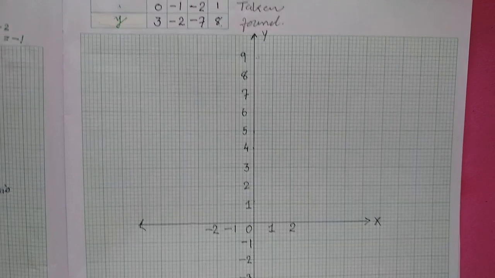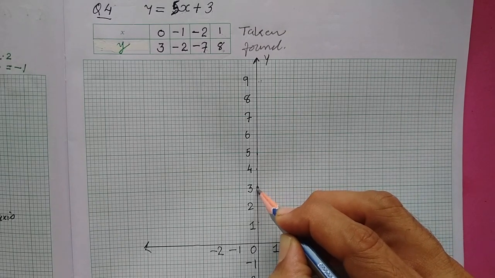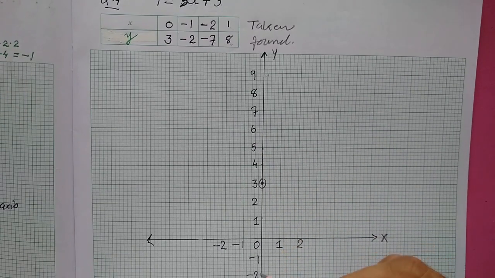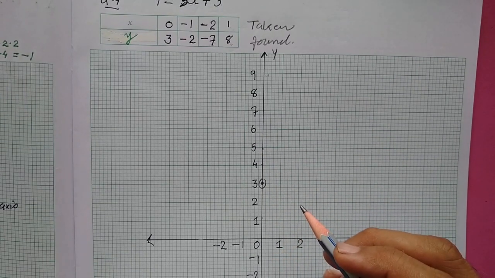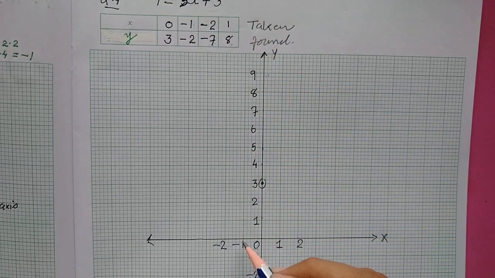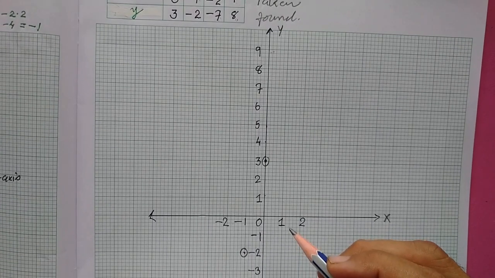Let us take the first point, 0, 3. Y is 3, x is 0. This is our point, children. Children, I have used a black pen. You don't use it in the exam. You compulsorily have to use a pencil. Minus 1, minus 2, children. X is minus 1, y is minus 2. This is the point. Now minus 2, minus 7.